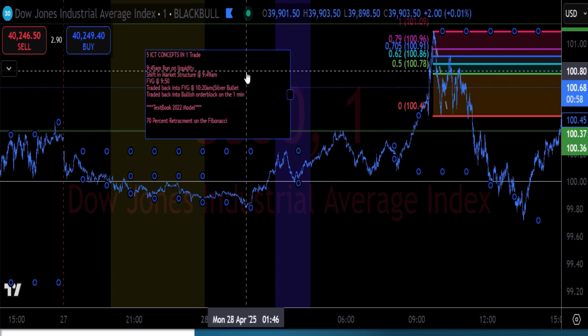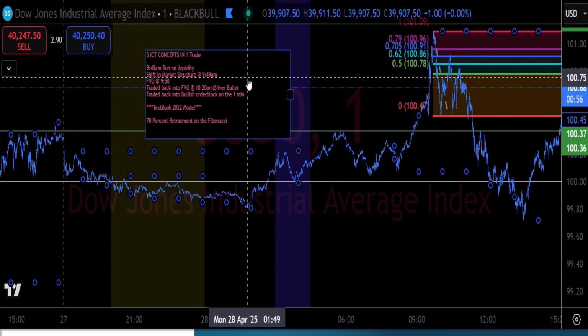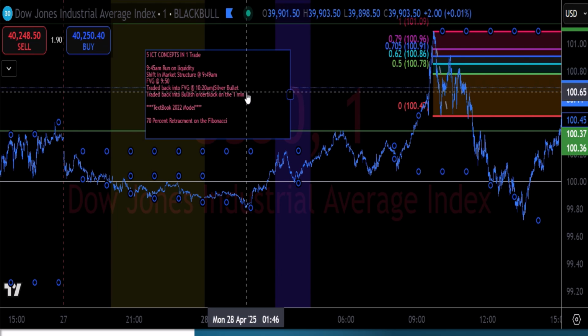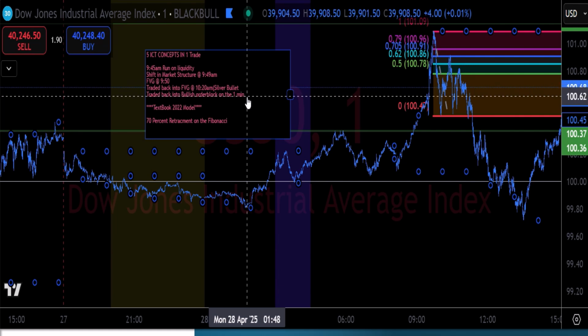At 9:45, we had that run on liquidity. We had a shift in market structure at 9:49 a.m., and this is me going between the 1 minute and the 5 minute chart. There was a fair value gap created at 9:50. It traded back into that fair value gap at 10:20 a.m., creating that silver bullet. It traded back into the bullish order block on the 1 minute.